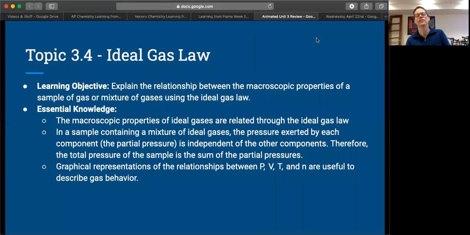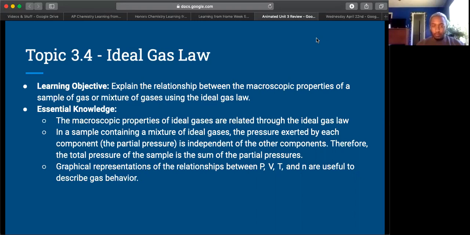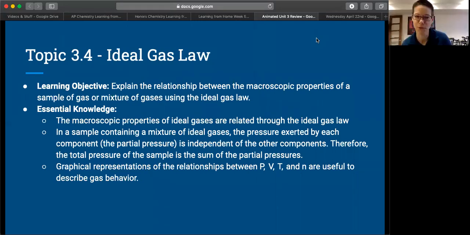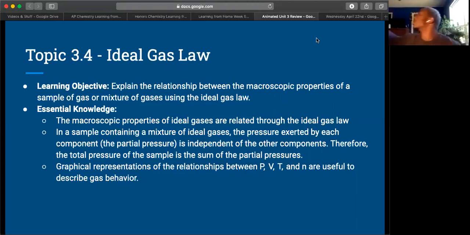Okay. Now, gas laws. Ideal gas law. Do you have your formula sheet out? Because let's find where this formula is on your formula sheet. Here it is. PV equals nRT.